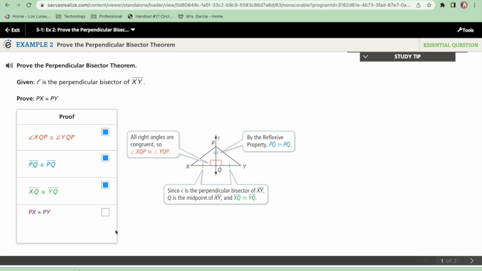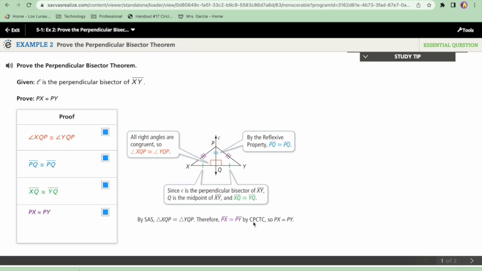And so why is that true? And it looks to me like this is an isosceles triangle. So it says by side angle side. All right, let's look at that. Oh, yeah, we have side angle side. The green is a side, the red is an angle, and the blue is a side.